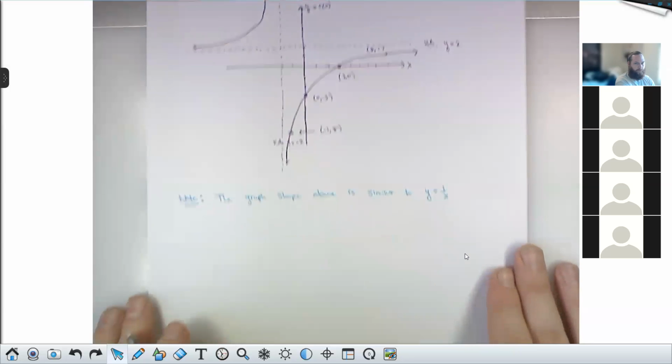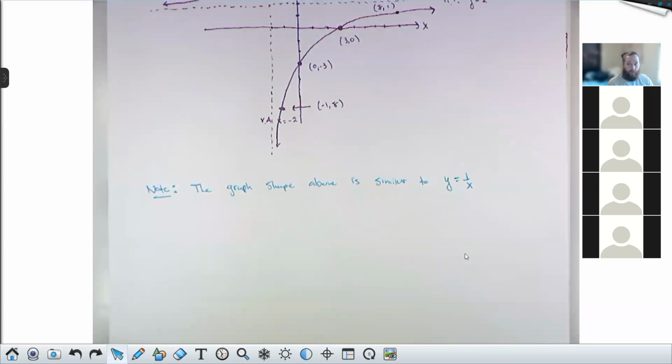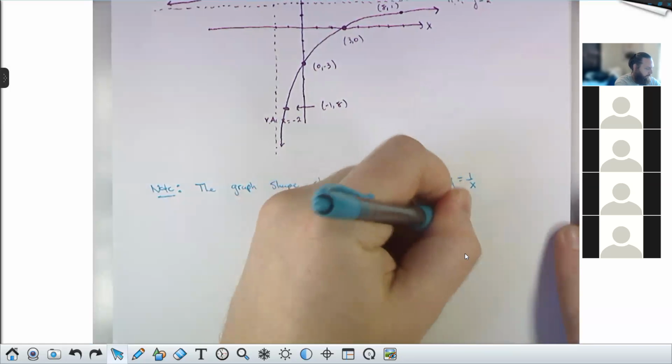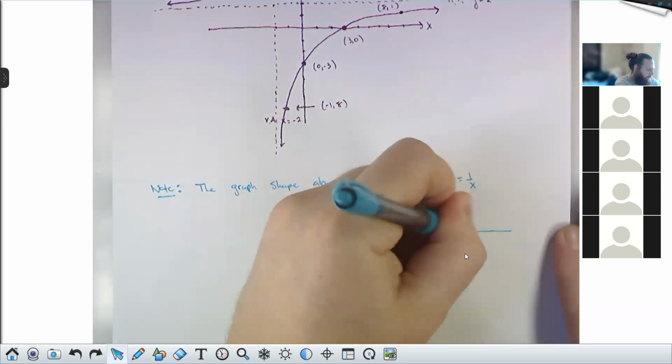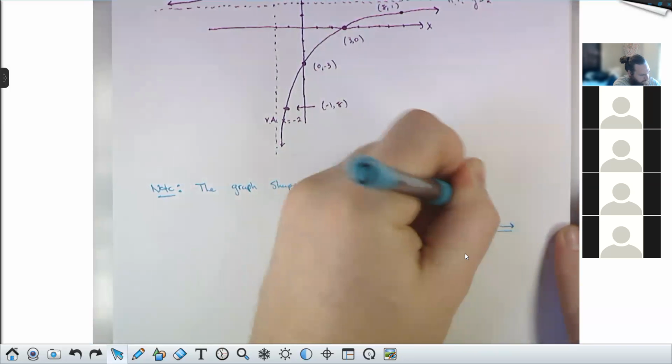And when we talked about power functions, 1 over x was one of the graphs that we looked at there. That graph is like this.